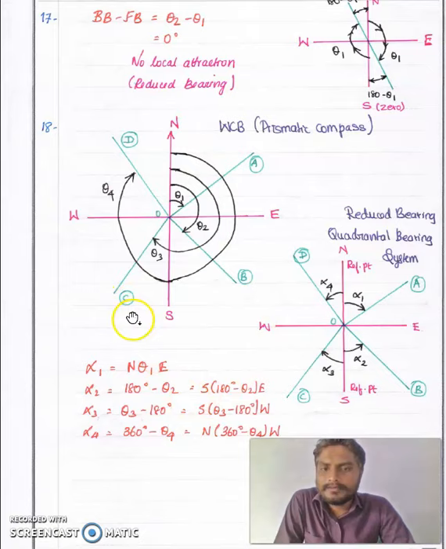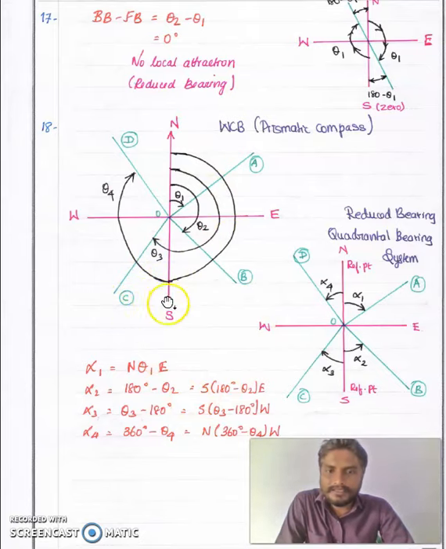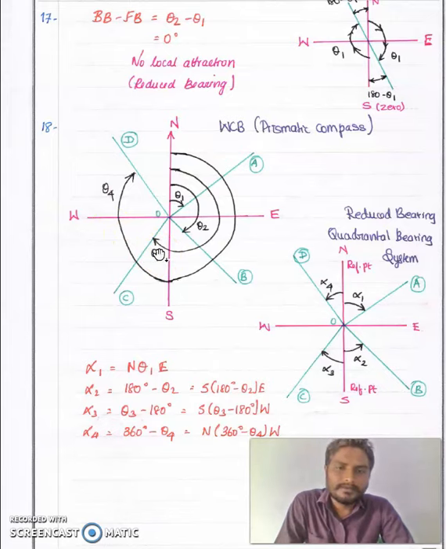For line C, this is theta 3. How do you get alpha 3? This is alpha 3 with respect to south. We know the theta 3, so theta 3 minus 180 gives alpha 3.